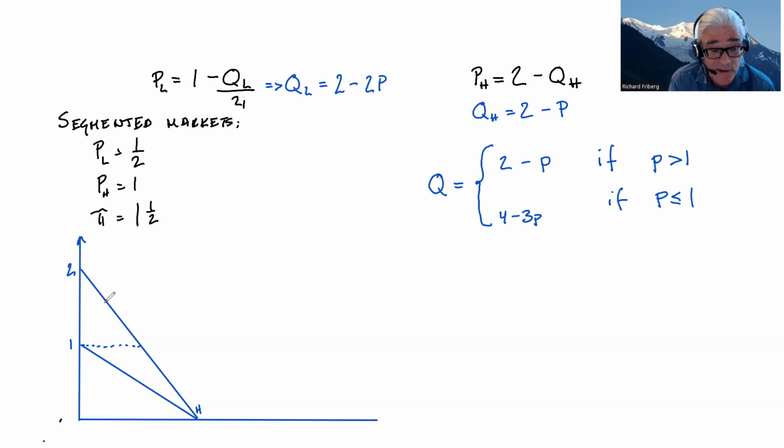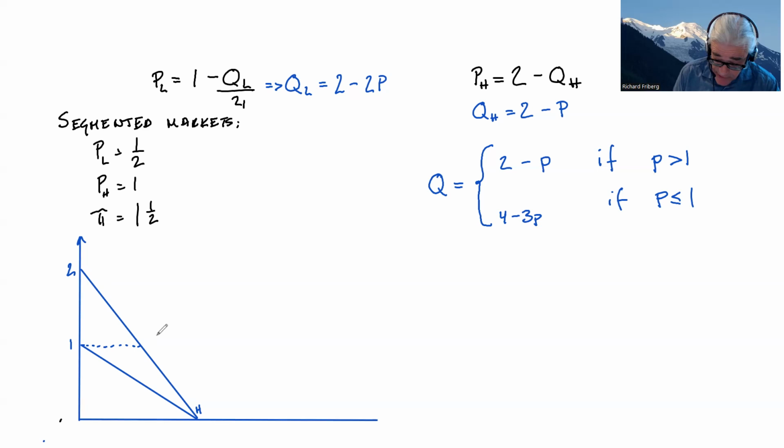So that would be an additional welfare aspect of price discrimination, that the low price market might be totally shut off. But here we're looking at the case where the price is set low enough that there will be demand from both types of customers.